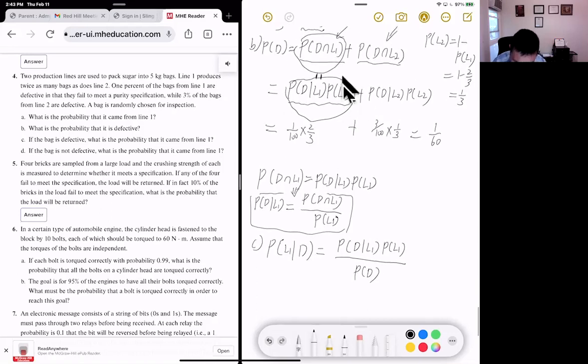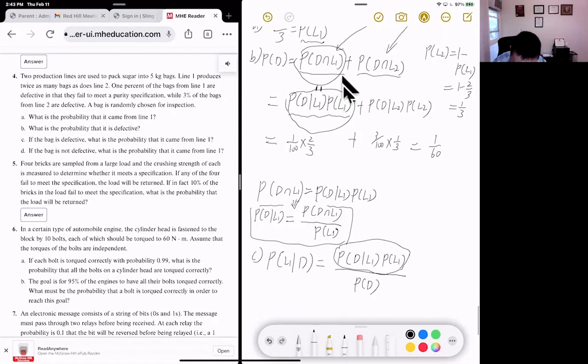Okay, so that is equal to P(D given L1) times P(L1). So this part is equal to P(D and L1).